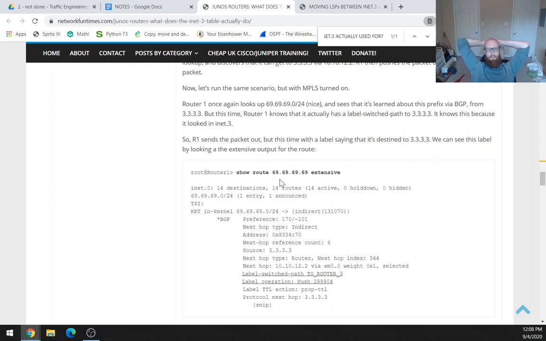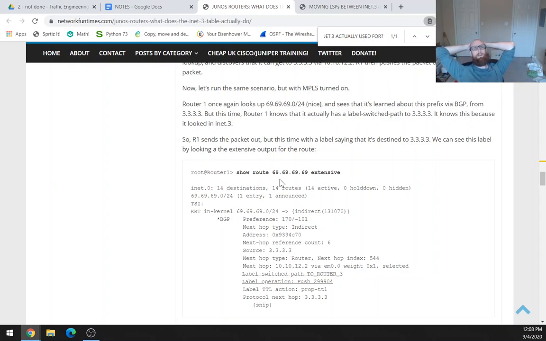Now let's run the same scenario, but with MPLS turned on. Router 1 once again looks up 69.69.69.0/24, nice, and sees that it's learned about this prefix via BGP from 3.3.3.3. But this time, Router 1 knows that it actually has a label switch path to 3.3.3.3.